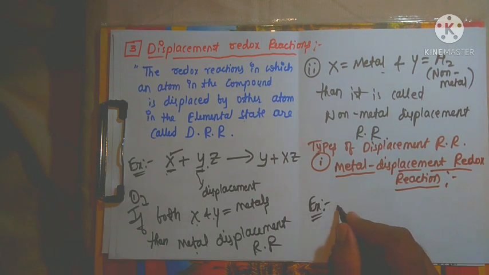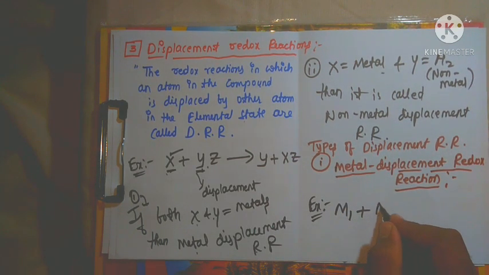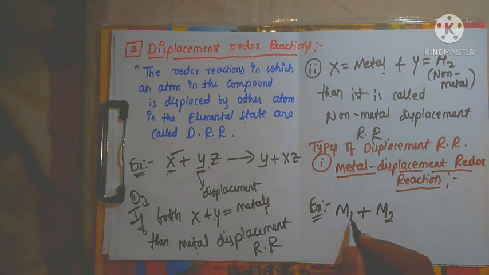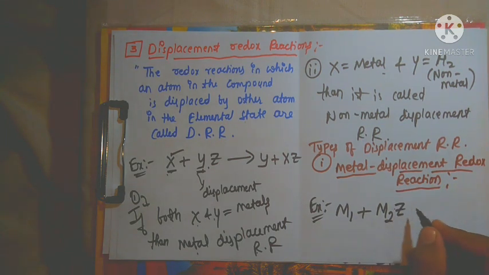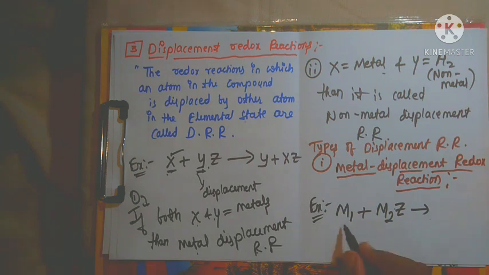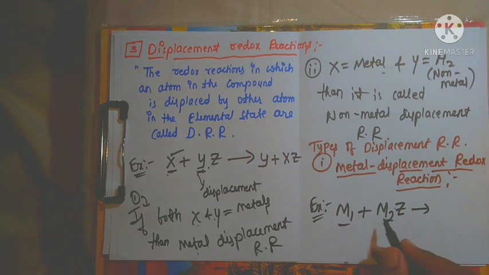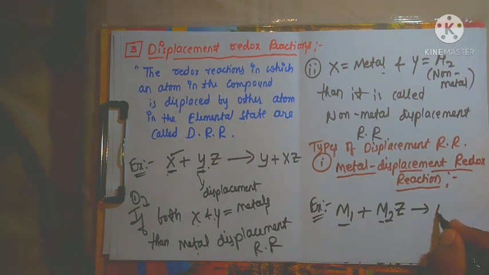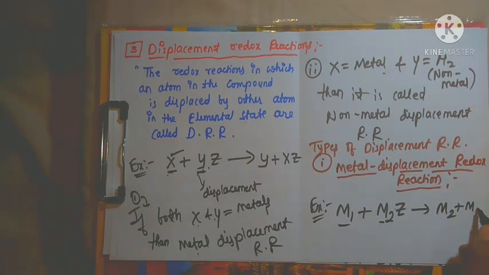First example: M1 is one of the metals and M2 is another metal. Take M2Z. Now M1 displaces M2, that is, M2 is displaced by M1. Therefore, what are the products? M2 plus M1Z.